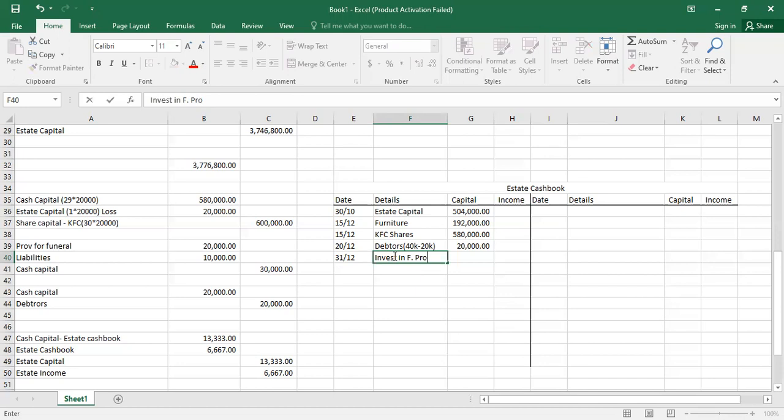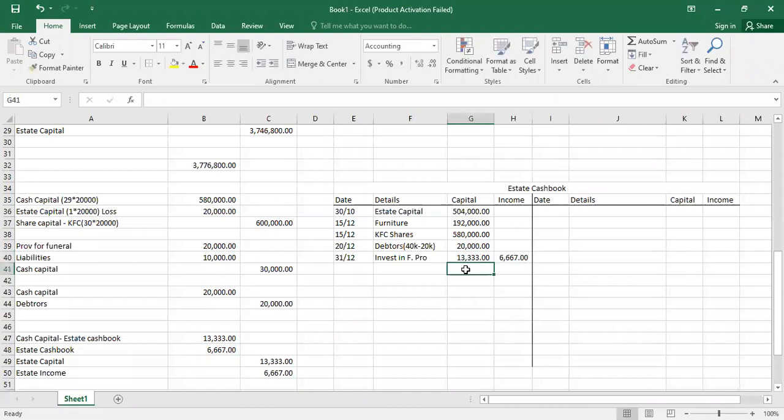Whenever you see F Pro in trust, we are talking of the freehold property. So we are talking of the 13,333. I want you to see how we are going to document. So this is the pre-death, then the post-death will be treated as income. So 6667. So kindly note that. Pre-death, we are treating it as capital. Post-death is being treated as income. Right?